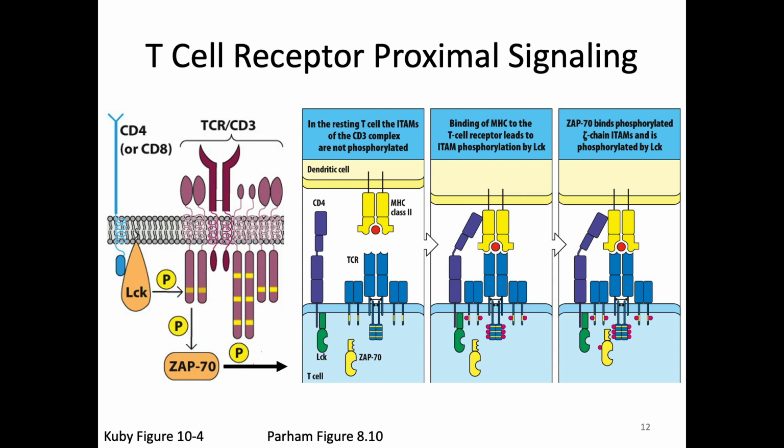So now we've brought in a new kinase, ZAP-70. And basically what I'm going to tell you is that ZAP-70 phosphorylates stuff. The real answer is that LCK didn't usually phosphorylate all of these ITAMs, and ZAP-70 kind of hits the rest of them. We're not going to have to worry about which one is which. Just ZAP-70 comes in and phosphorylates more partners.